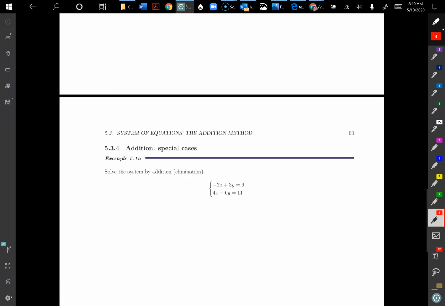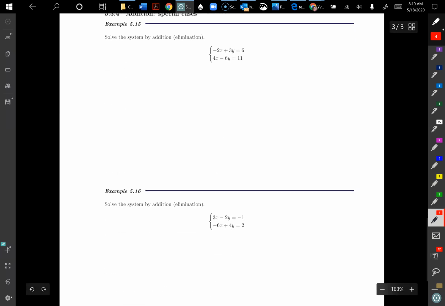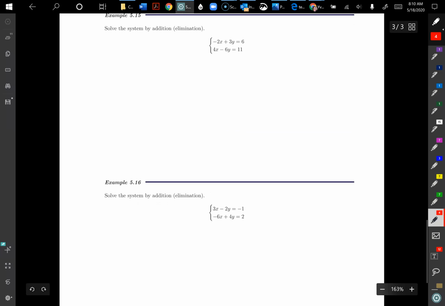This is special cases. Again, you're going to come up with scenarios where you get an untrue statement, something that's parallel lines, or you might get a true statement where it's an infinite number of solutions, or you might see that they're actually the same line. So I'm going to encourage you to try those on your own.